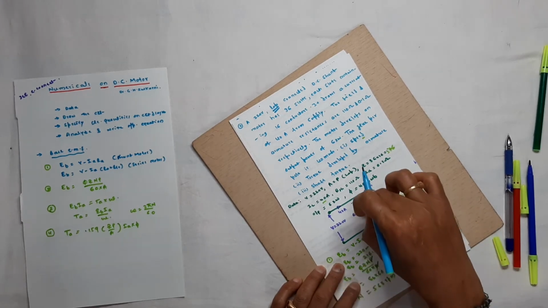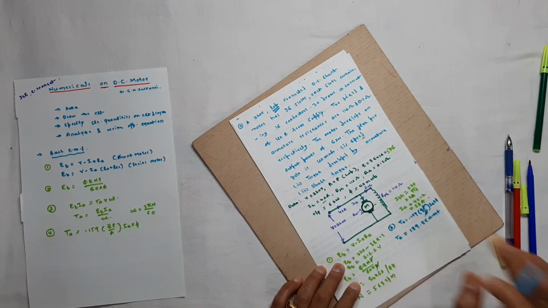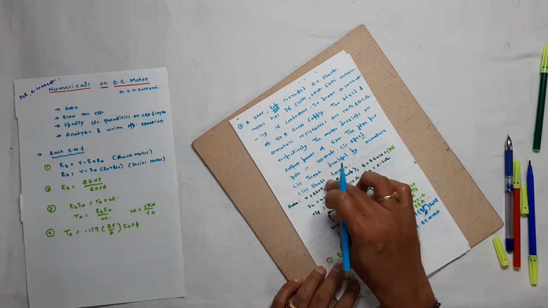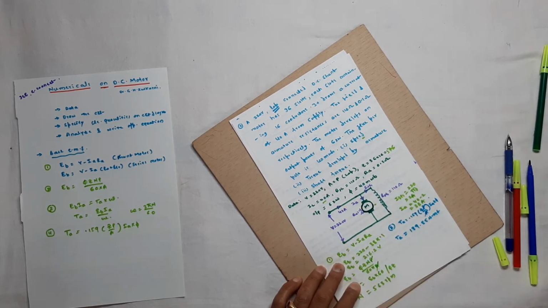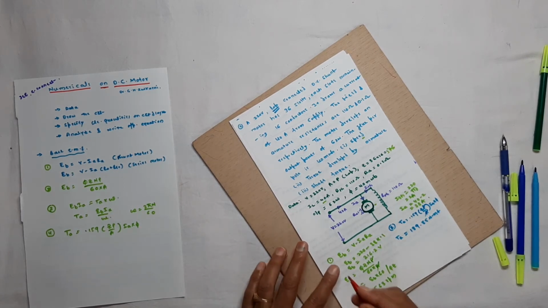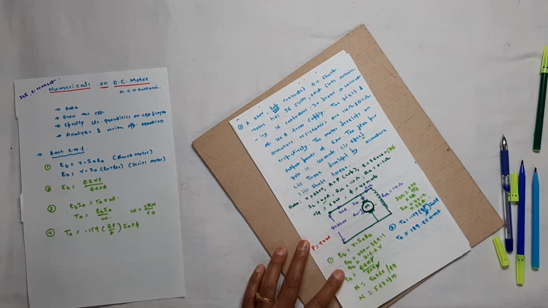It is the actual torque developed inside the machine, but this torque is not available for utilization. Therefore, what you have to get is the shaft torque. How to get the shaft torque? We know the standard equation for expressing power in terms of torque. That is, the power P is equal to T into omega.